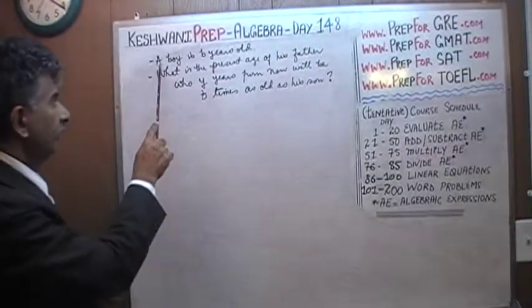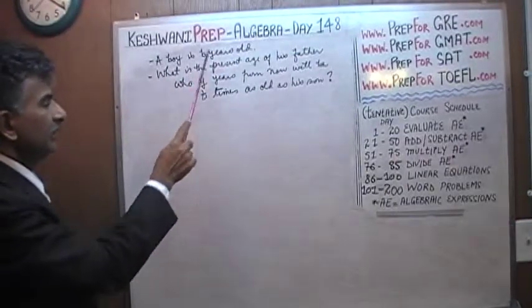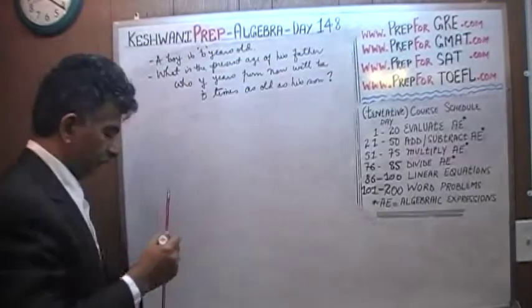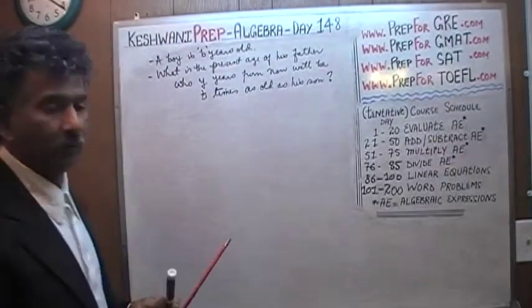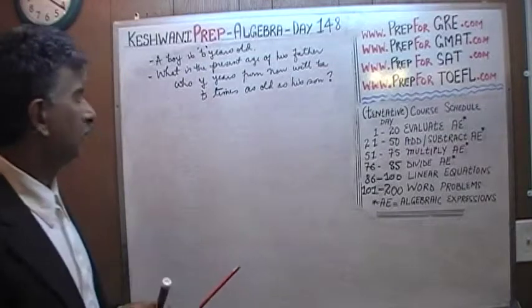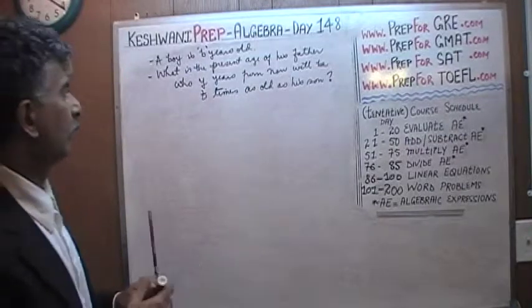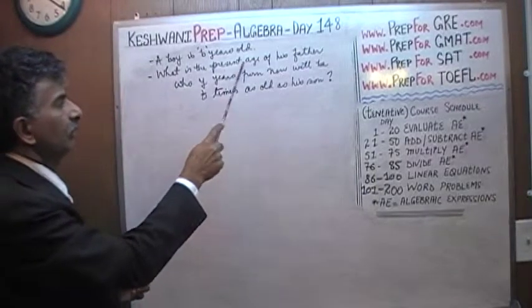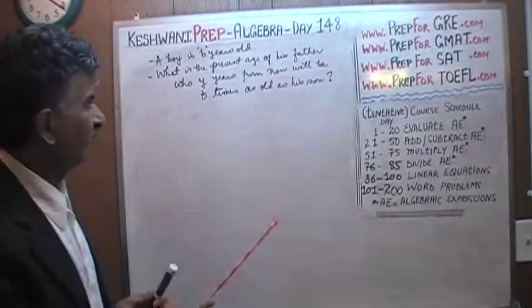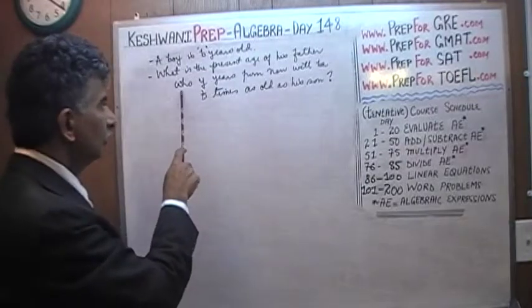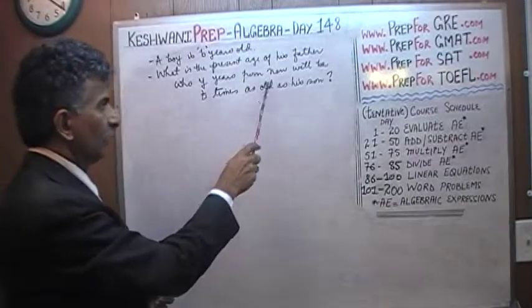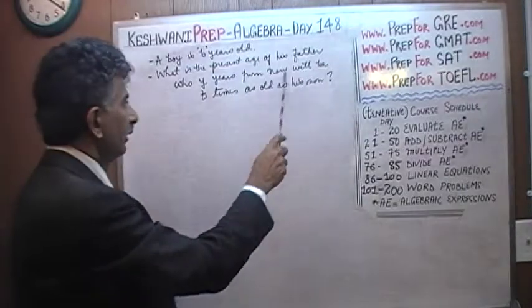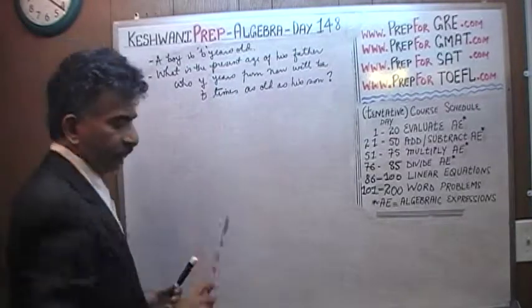Here's the problem. It says a boy is B years old. B is some quantity, obviously. We do not know how much it is, but that's how old he is right now. Now, the question is, what is the present age of his father, who Y years from now will be T times as old as his son?